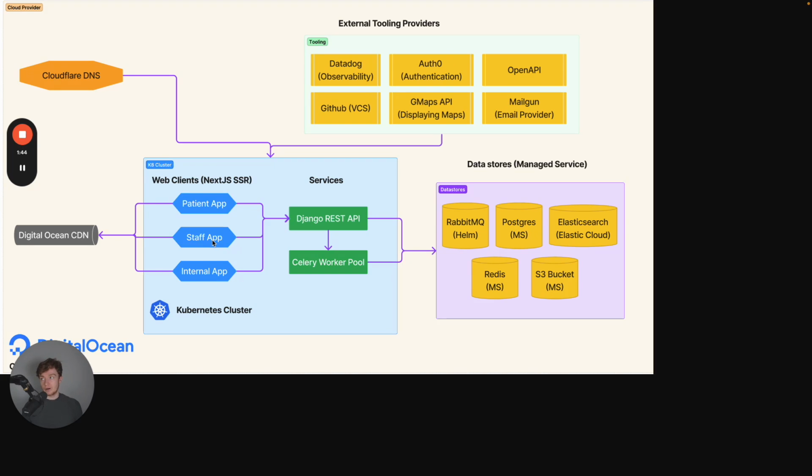So if you are a receptionist or a doctor and you wish to view the booking request details and the triage a patient, you would do that within this web application. And then we also have the internal web application. So this is what someone within the company would use to view statistics on how the product is being used, and also to onboard new customers onto the product as well.